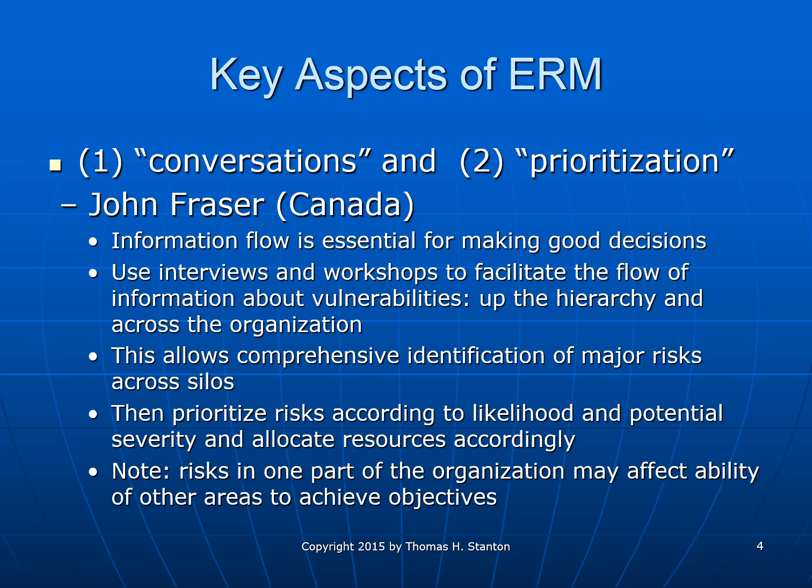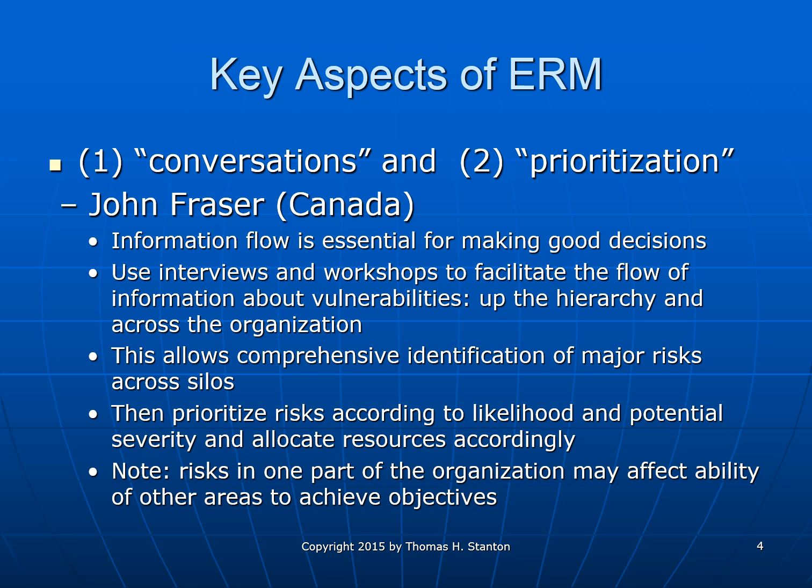A leading expert on enterprise risk management is John Fraser, formerly the Chief Risk Officer and also Chief Financial Officer of Hydro One, a power company in Canada owned by the province of Ontario. John and his colleagues have written and edited a variety of articles and books, and at the end we will refer to some of those for further reading if you wish.